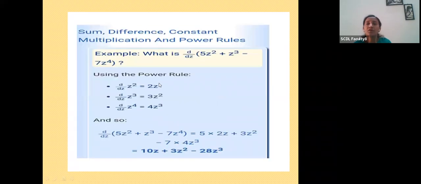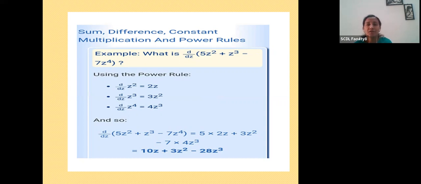Now we will go with the next example, sum, difference, constant multiplication and power rule. This example is a combination of all rules. We have to use the sum rule, the difference rule, the constant multiplication rule, and the power rule. One by one we will go.